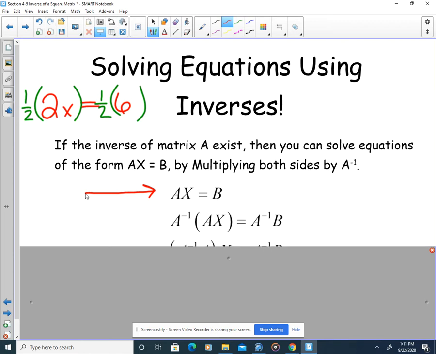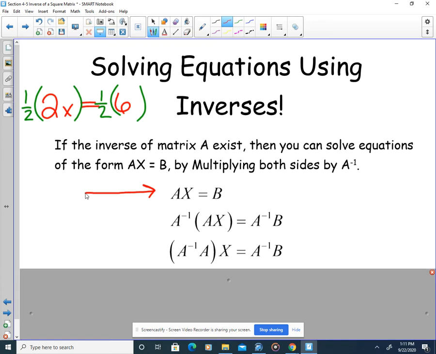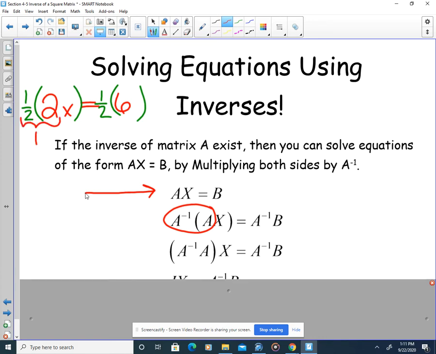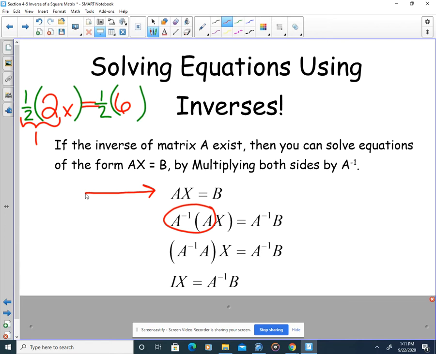And then I can use the associative property, and I can group these two together. The inverse of A times A. Well, what is 1/2 times 2? That's 1. That's the identity. So the inverse of A times A gives you the identity.